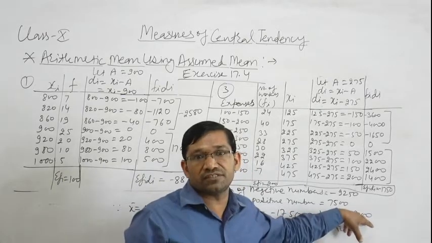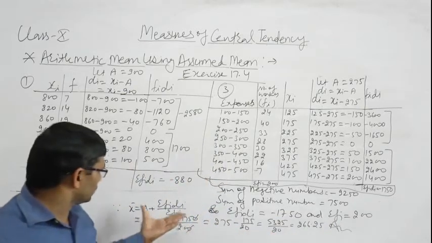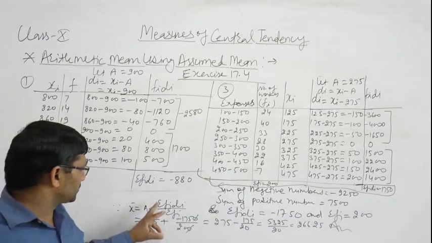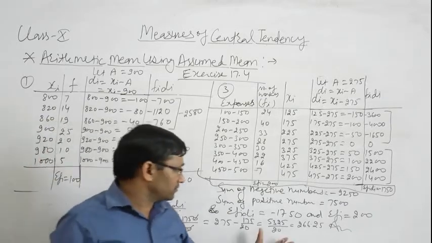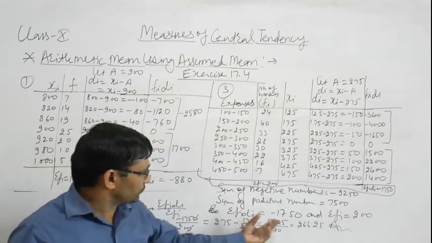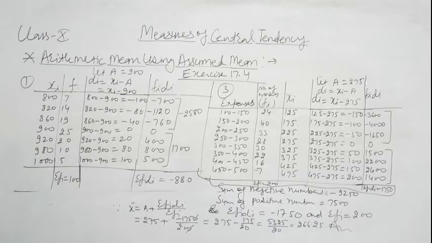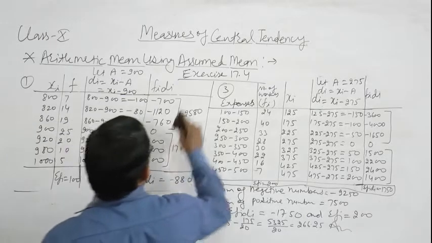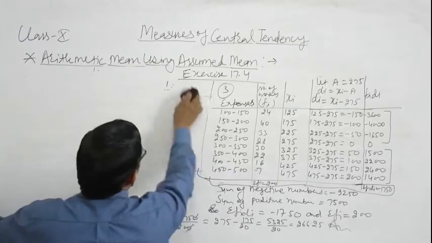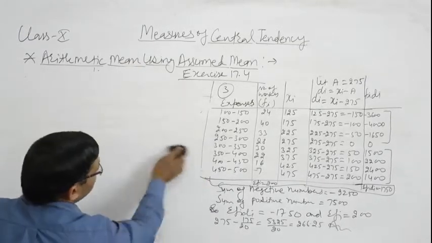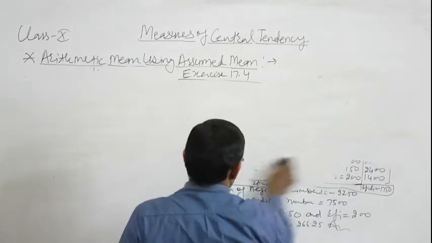Sigma fi, the sum of frequencies, is 200. So we put the values of sigma fi di, sigma fi and a in the formula and solve, and we get 266.25. This is known as the assumed mean method.